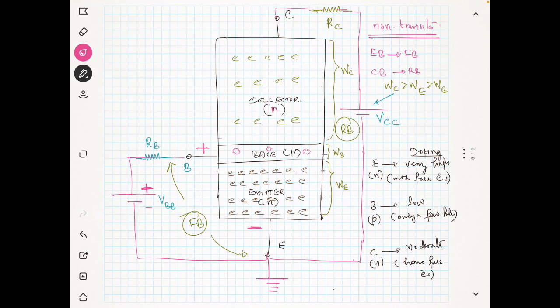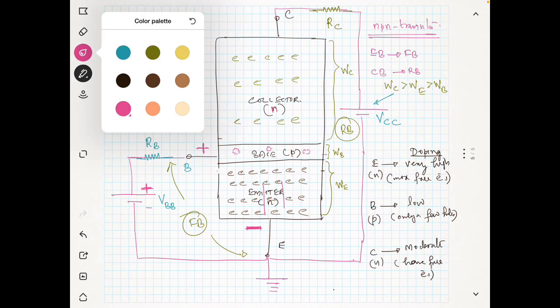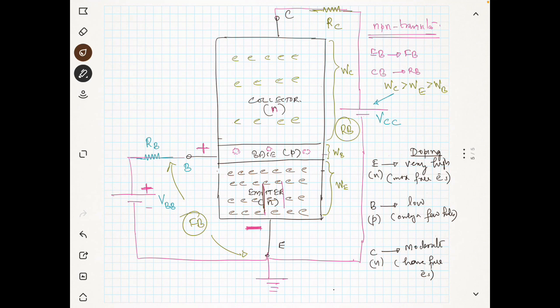Because of this positive field, the electrons will be attracted towards the base. Also you can see there is a negative potential at the emitter, because of which the electrons will be pushed away from the emitter connection.